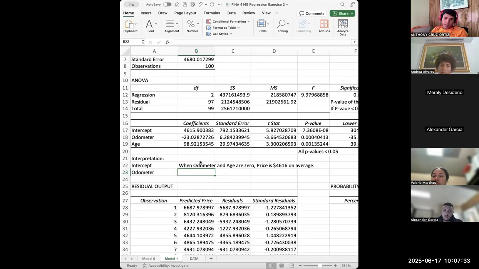So at every level of age, fixed, if you fix age, okay? So for young ages and for old ages, that's what it's doing.